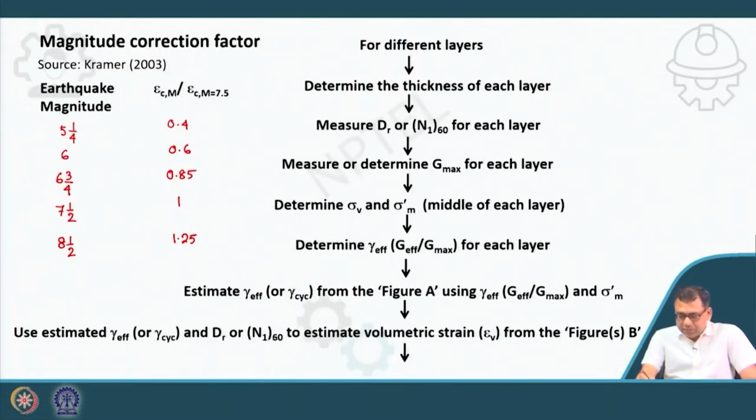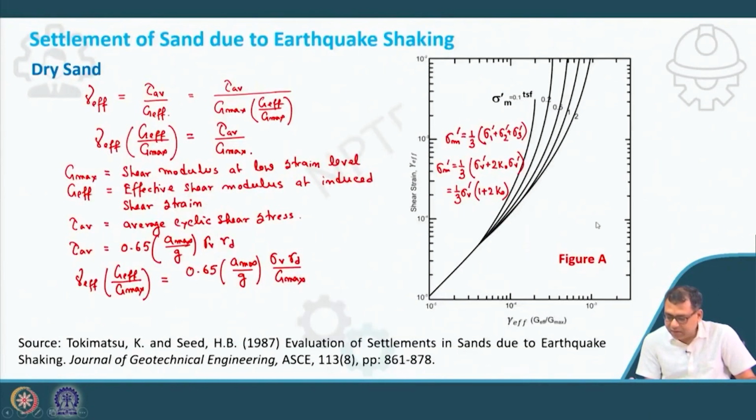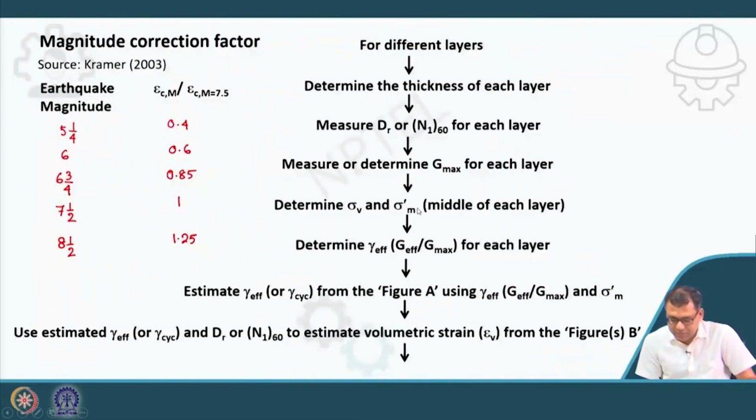Once you get that, you estimate the effective strain by using figure A. This is figure A. You determine the effective strain using G effective, the shear modulus, divided by the maximum shear modulus, into sigma m dash.